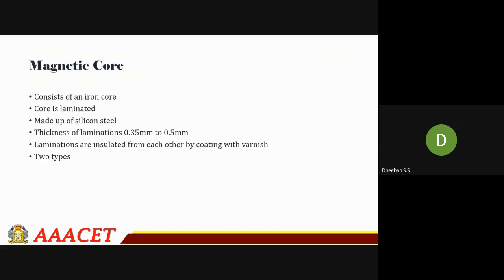So this magnetic core will consist of an iron core, because iron is the one where you can build the magnetic flux easily. Next, this iron core will be laminated. Why it is laminated: it helps to prevent losses. What kind of loss?